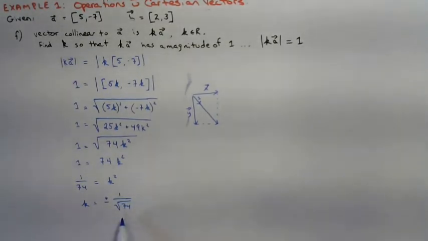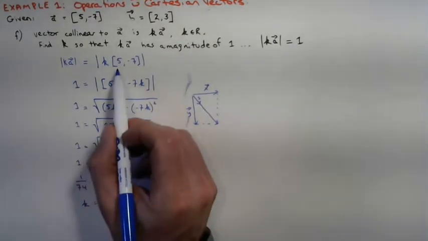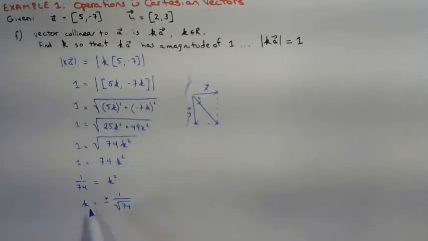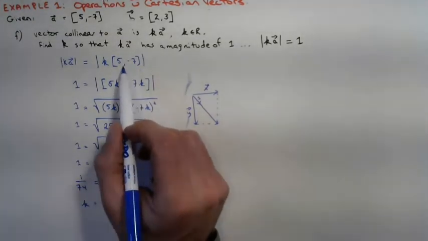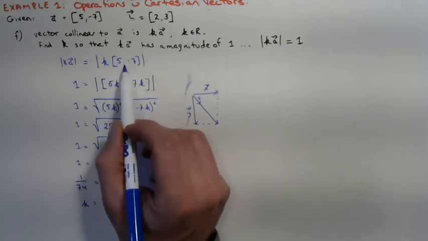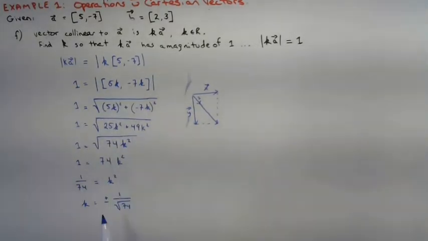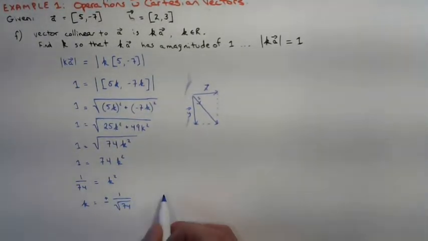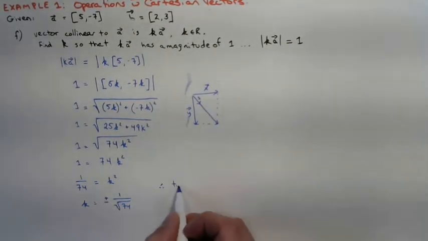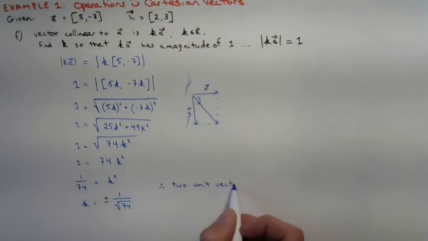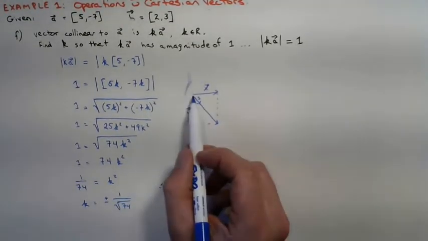So thus, the two unit vectors that are collinear with vector A are going to be 5 times our scalar k in the positive direction, and -7 times our scalar, or the negative of our scalar times each of those. So let's write that. Therefore, 2 unit vectors. Now we don't have unit vectors in just the horizontal or vertical direction.